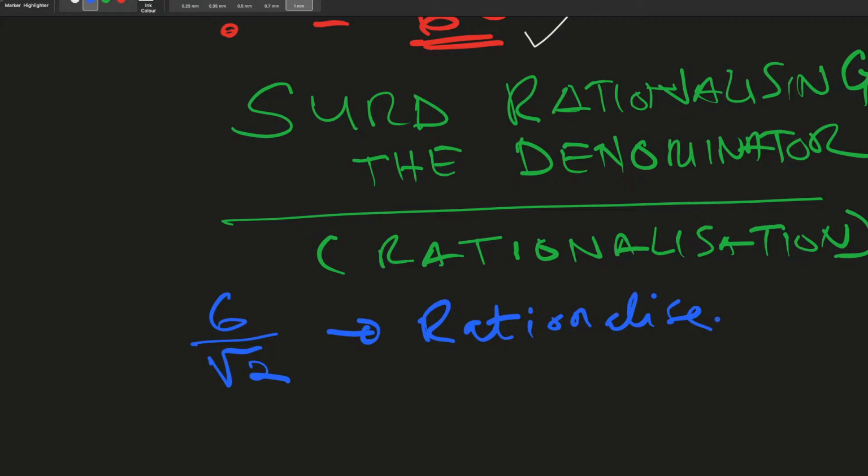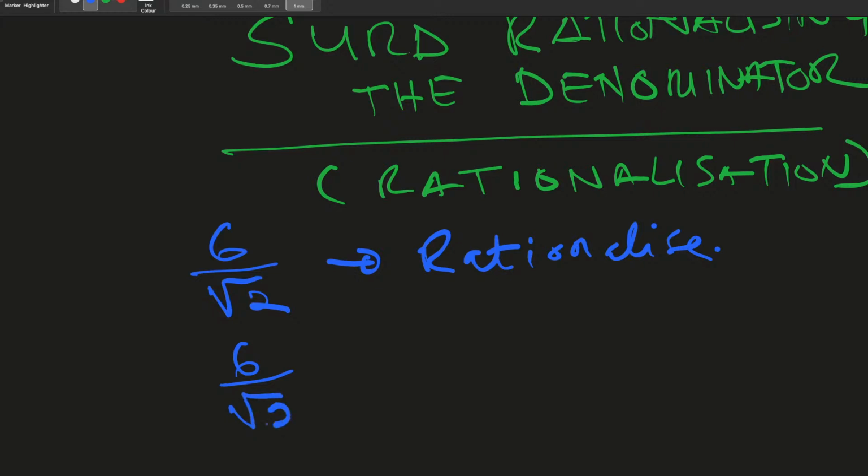And how do I do that? Because if I have 6 over root 2, and I should multiply this by 1, then normally, if I'm supposed to rationalize the denominator, which is the bottom one, all I have to do is, since I'm rationalizing the denominator, multiply here by root 2 and here by root 2.